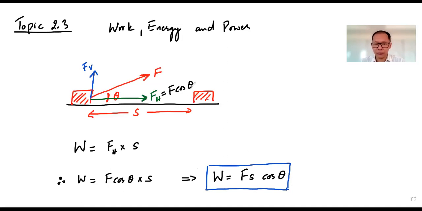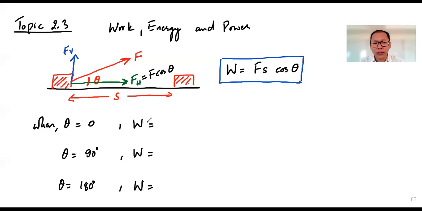Next, let's look at the different scenarios that we can have when theta changes. When theta equals 0, work is force times displacement times cos 0, which simply gives force times displacement.